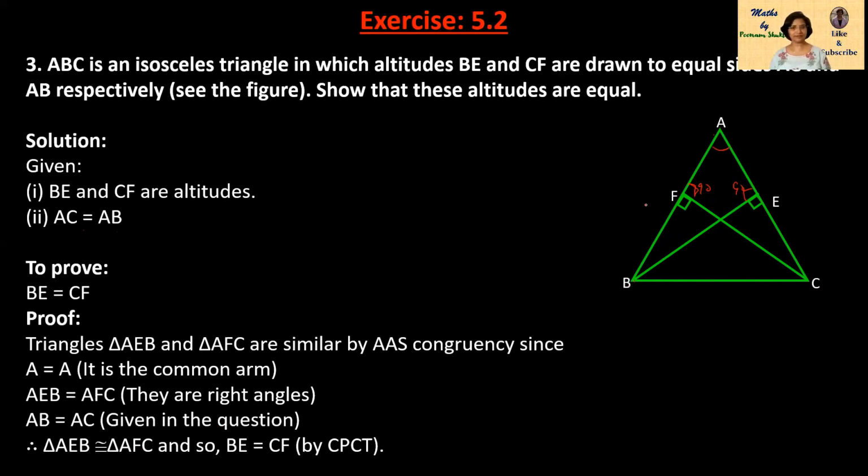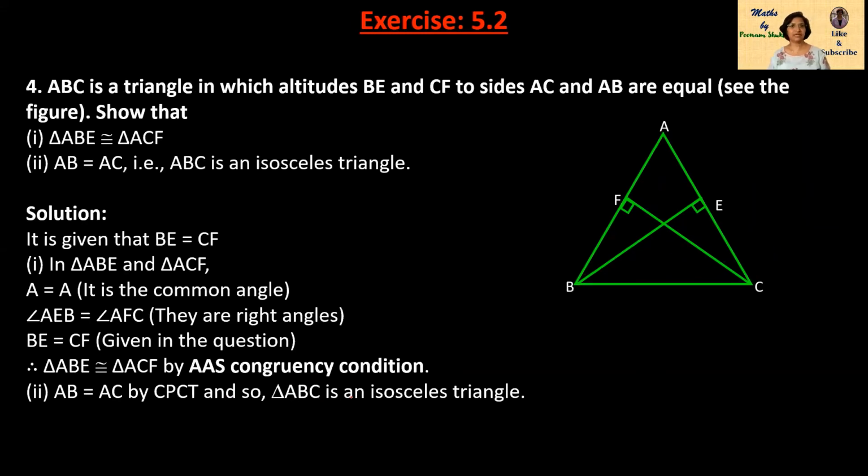So AB equals AC, angle AEB equals angle AFC, right angle, and angle A equals angle A, which is common in both. So we can say triangle AEB is congruent to triangle AFC by the ASA rule. And so we can write BE equals CF, right?